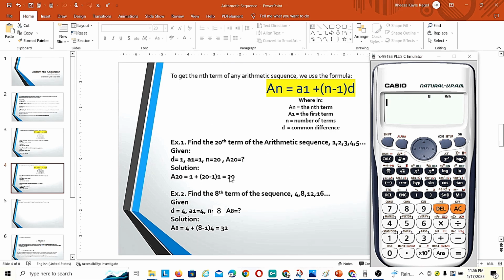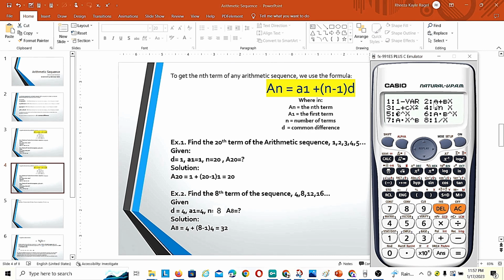Right now, we are going to solve it using the Casio calculator technique. As you can see, my emulator here is at normal mode. So what we will do is press mode and then press 3 for stat.